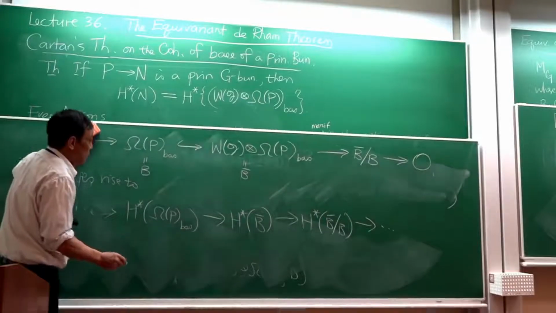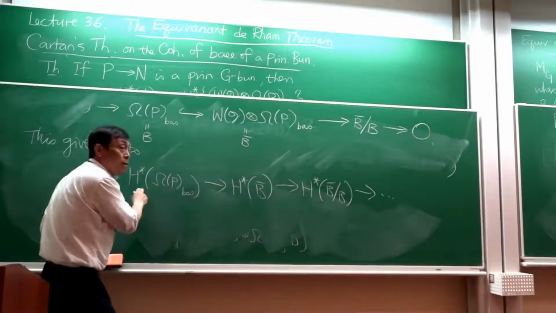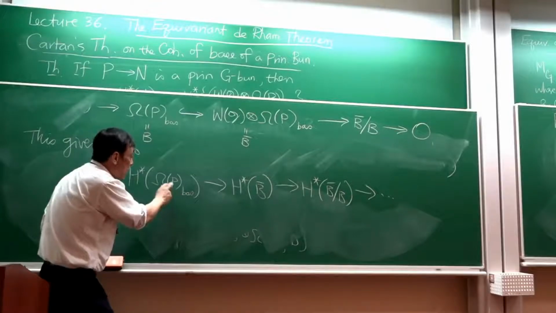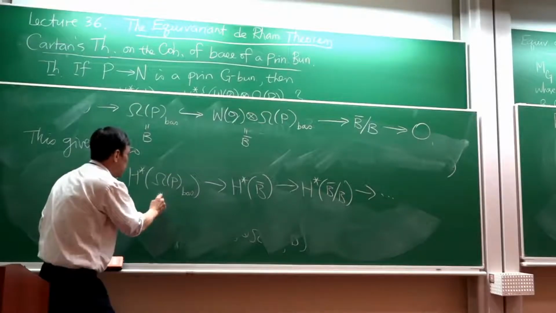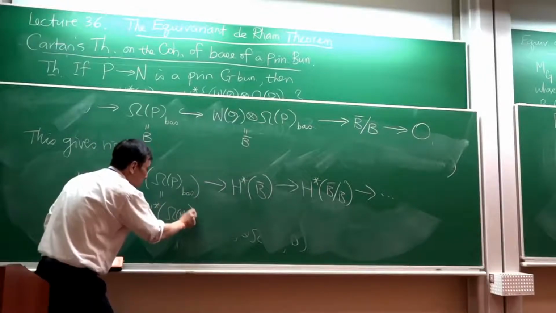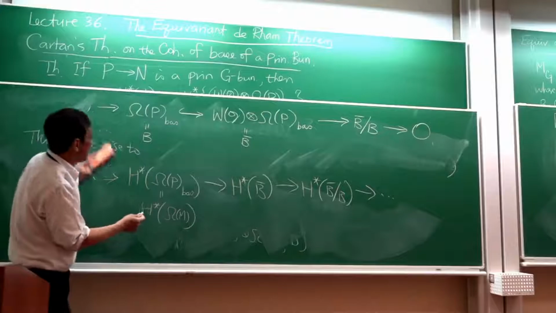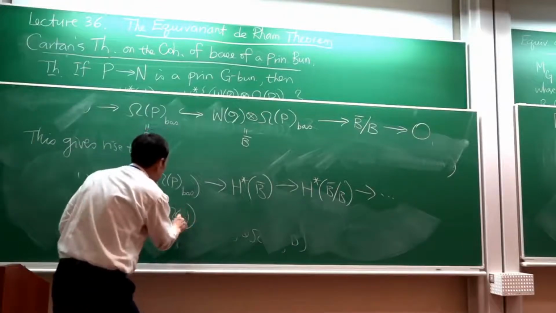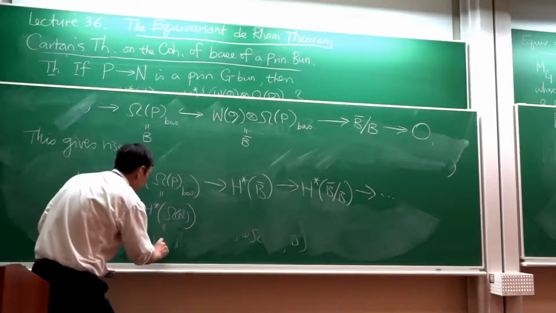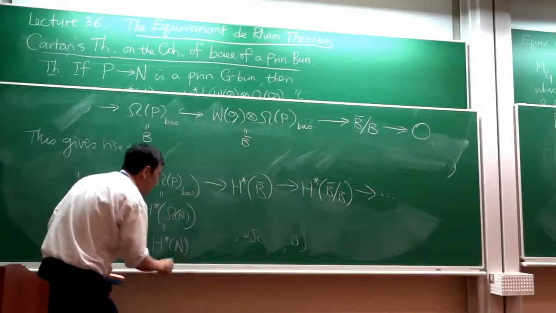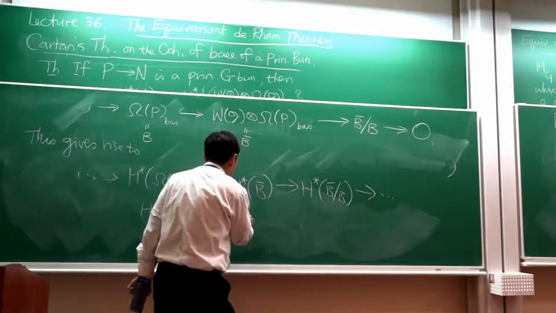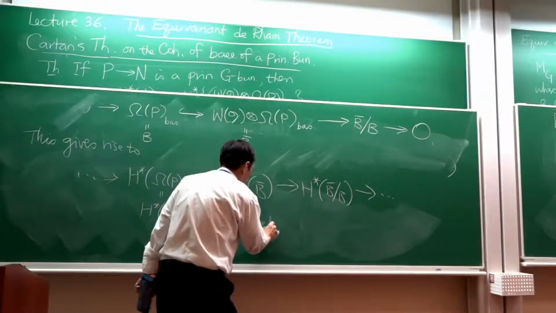And this is the cohomology of the basic forms upstairs, so this is just the cohomology of the forms on the base. The base is actually called N, so that's the cohomology of N. And this is the cohomology of the Weil model.